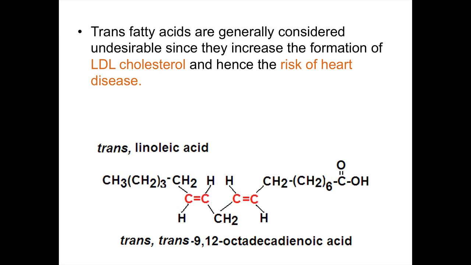And probably I should mention what cis and trans isomers are. Now with cis isomerism, in a cis isomer, 2 of the same atoms are on the same side of the double bond. Alright? And so that's a cis isomer.